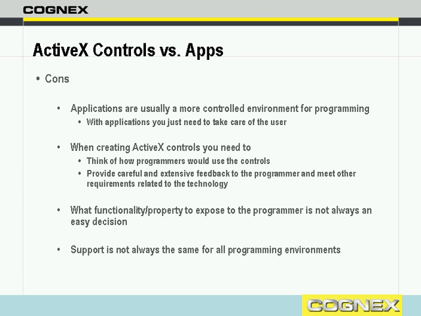ActiveX controls being a COM technology, Visual Basic is probably the most common programming environment in the industry today. .NET obviously is catching up, but compared to C++ or Borland or some other environments, VB is probably the most common one. It's very easy to create user interfaces in Visual Basic as opposed to maybe C++. So they were built in VB6, and they generally behave better in VB6.